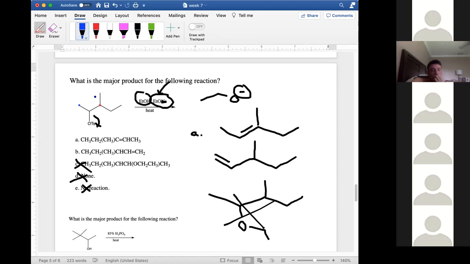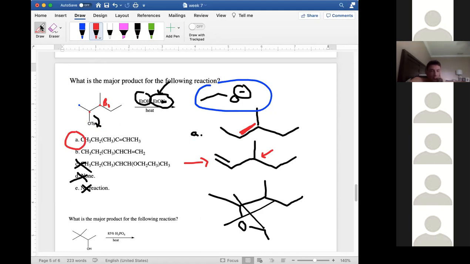The blue, but the base is small, so it can fit into a space that is more substituted. That's why you're going to create a double bond between alpha and this beta. If it were tert-butoxide, B would be our answer because it would not be able to fit in that more substituted space. Does that make sense? You guys see why that's A?